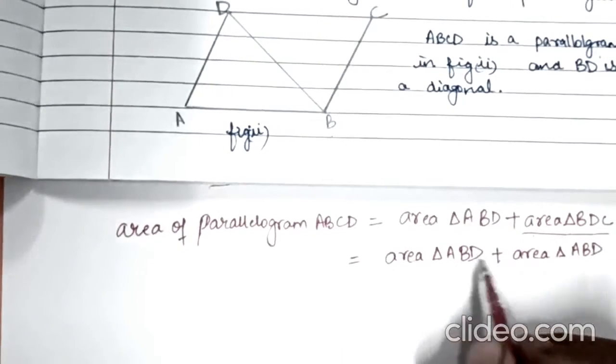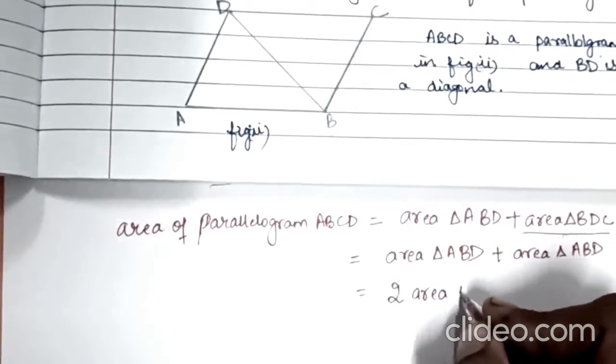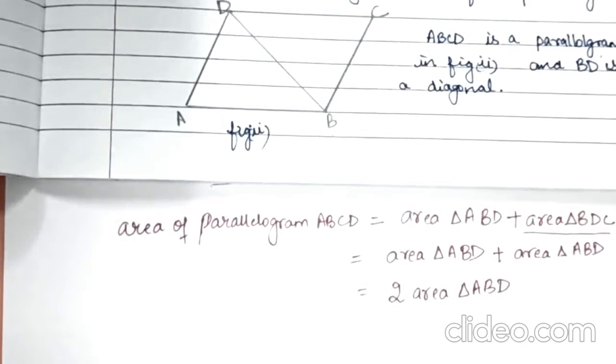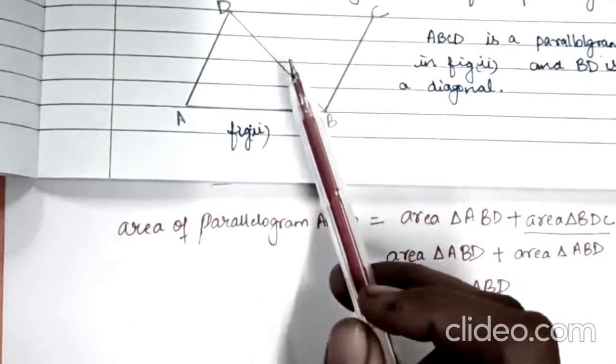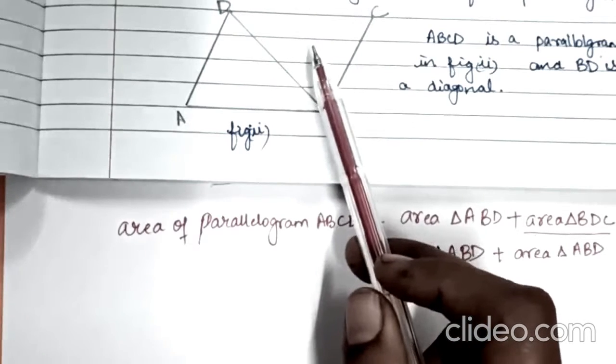So how many times? We get 2 times area of triangle ABD. So it means the area of this parallelogram is 2 times the area of one of the triangles.